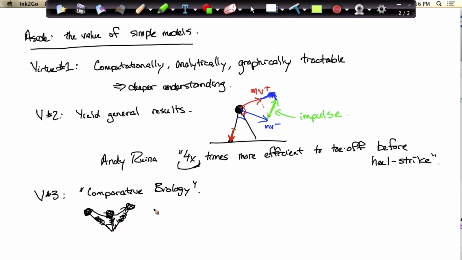It's called the spring-loaded inverted pendulum model, the SLIP model. Constant stiffness spring.